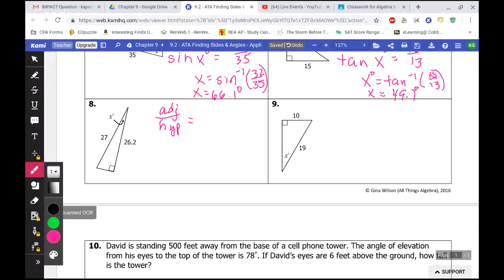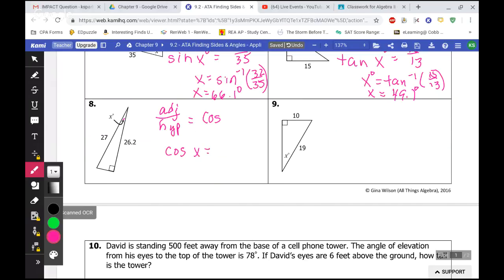Kind of a close call for me. Is that opposite over hypotenuse? Oh, I'm sorry. That's adjacent over hypotenuse. So that'd be cosine? Yes. Good job. Cosine, I'm going to rewrite it here.